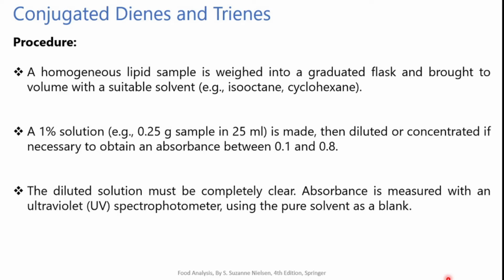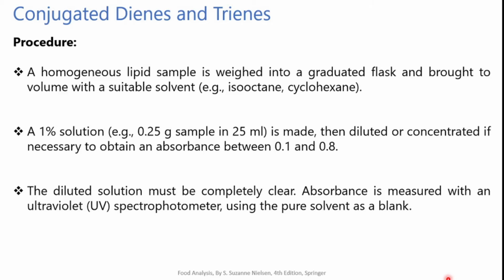After that, a 1% solution is made and then diluted or concentrated as needed. For dilution, we add solvent, or if we have to concentrate, we heat to get a proper amount of sample, so that we can get a proper absorbance.